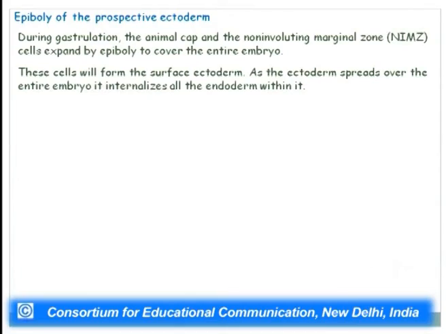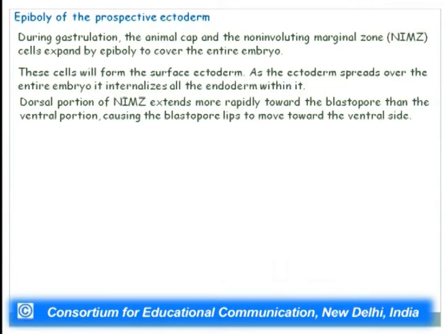Now, the outer surface cells: when we looked at the fate map, the ectoderm cells were on the animal hemisphere, but now they have to grow and expand and cover the entire embryo from the outside as the surface epidermis, and this is done by the gastrulation mechanism termed epiboly. During gastrulation, the animal cap and the non-involuting marginal zone cells expand by epiboly to cover the entire embryo.